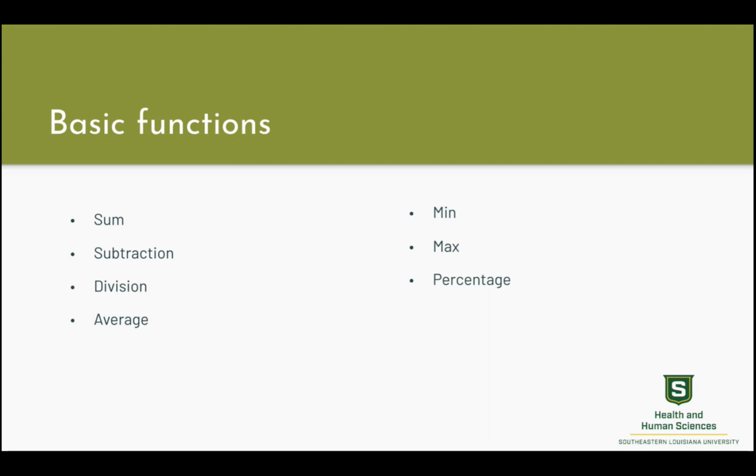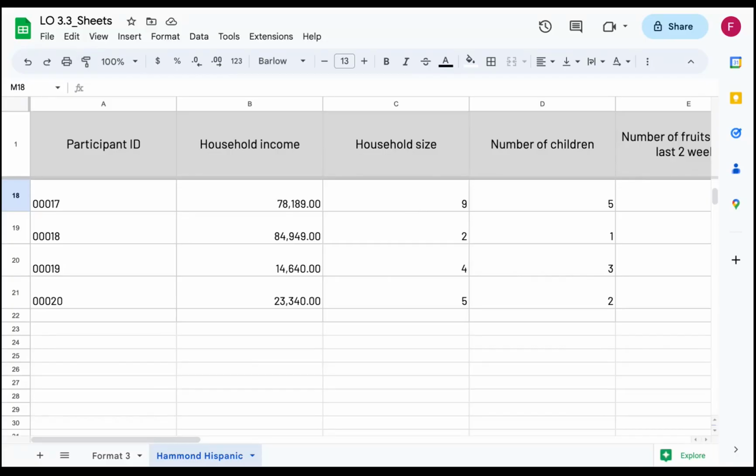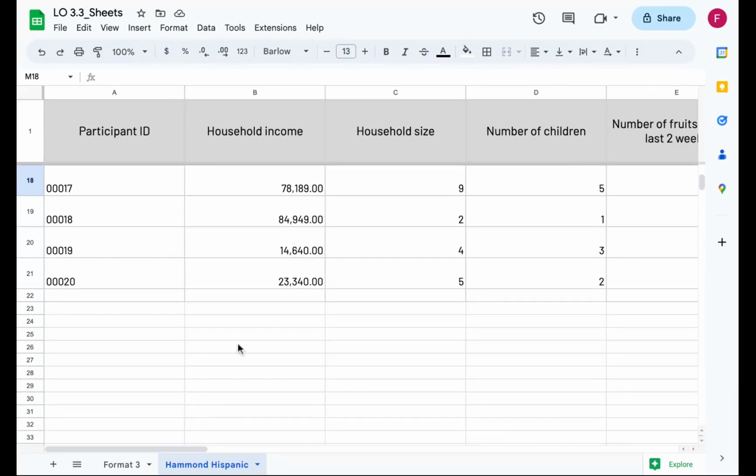I cannot sum something that is not a number. I can subtract, I can divide, I can average. We'll do those in a different module, but for now, all these basic functions are strictly going to focus on numerical values, none of the categorical values.